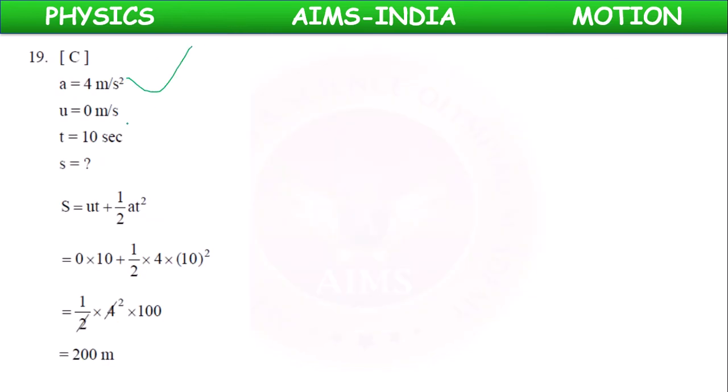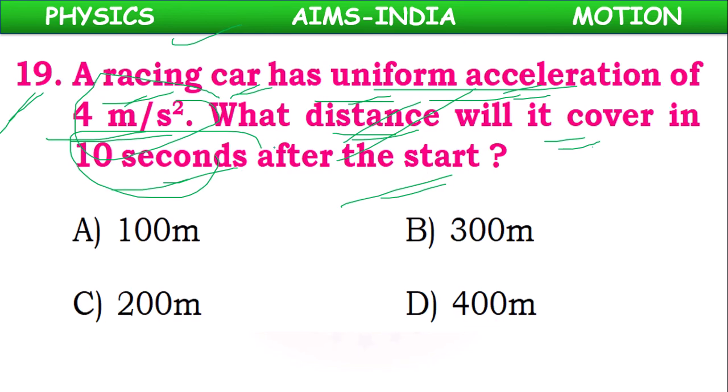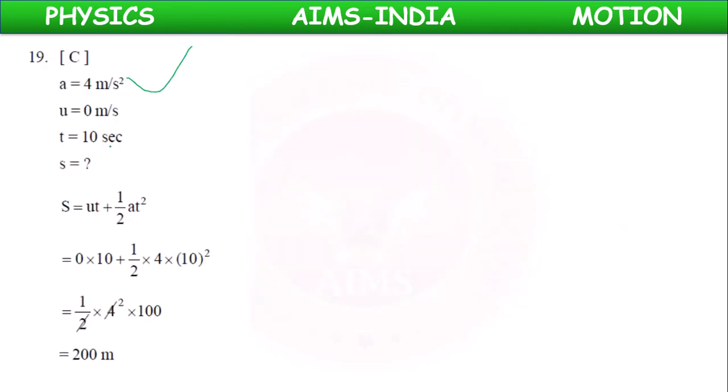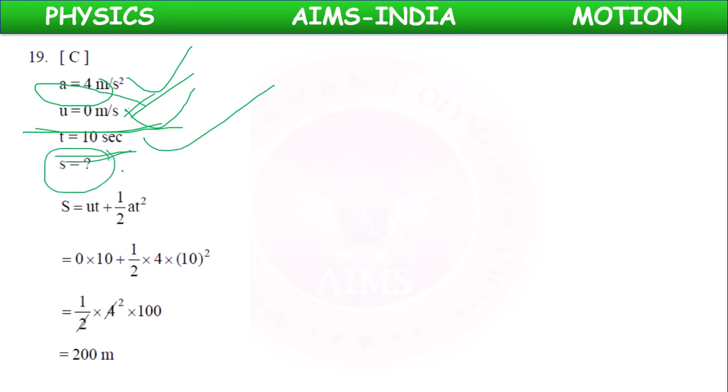Before starting, the car is at rest, so the initial velocity is 0. Though they have not given it in the question, we have to assume it as 0 meter per second. Next we have time, 10 seconds. Then displacement, S, how much?